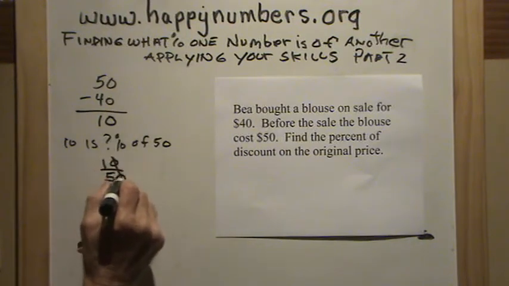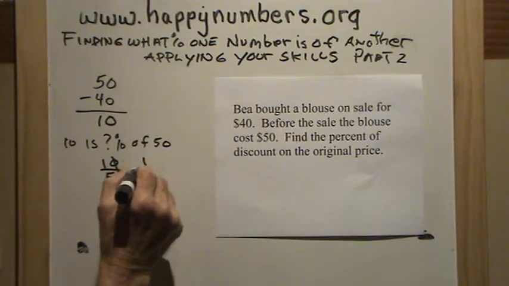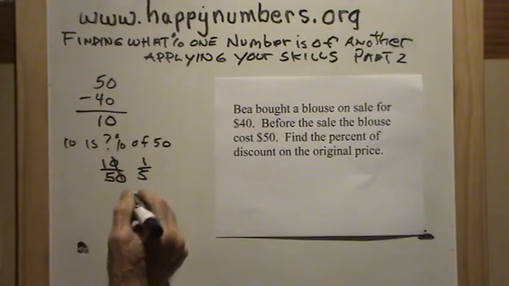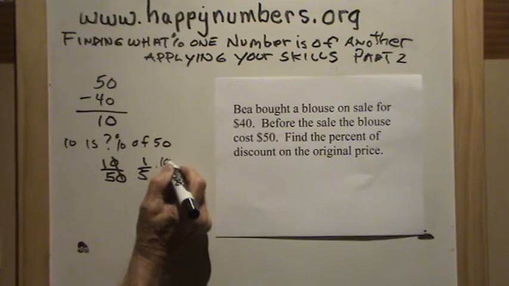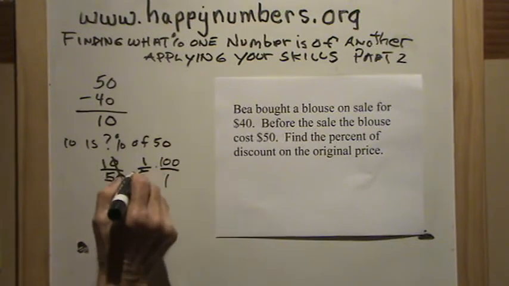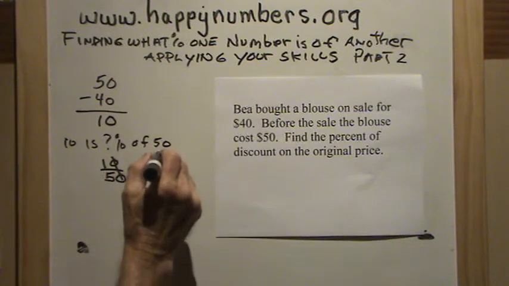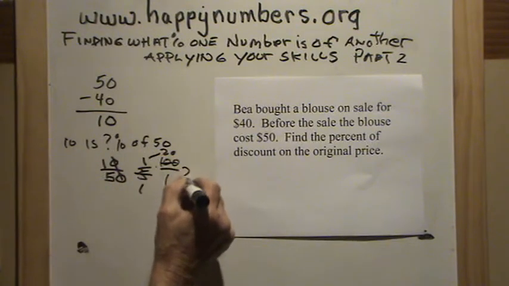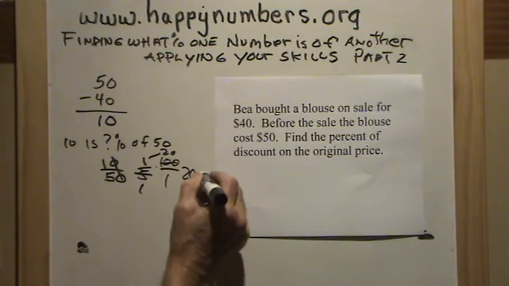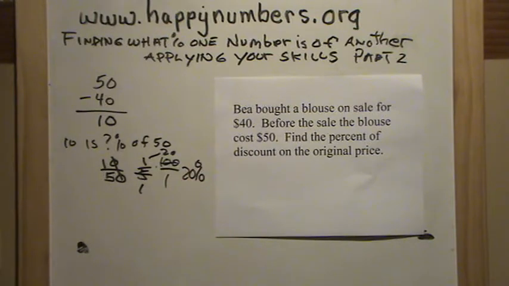We can cross this out, and so we have the fraction 1/5. We're going to change this to a percent, and I'm going to use multiplying by 100. 5 goes into 5 once. 5 goes into 100 20 times. We multiply: 1 times 20 is 20, 1 times 1 is 1, so we don't even put it. And we put our percent sign.